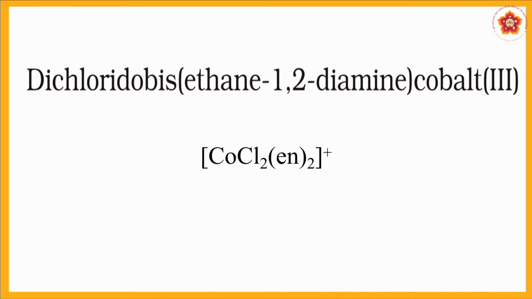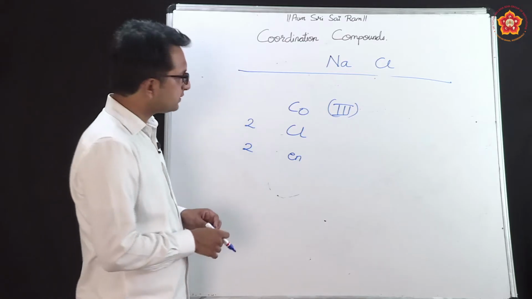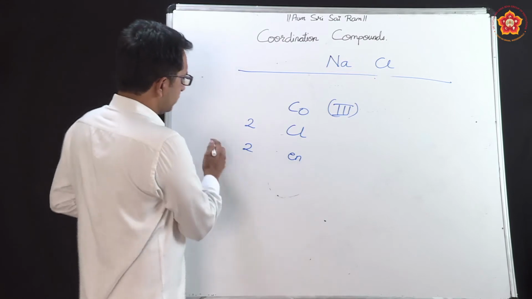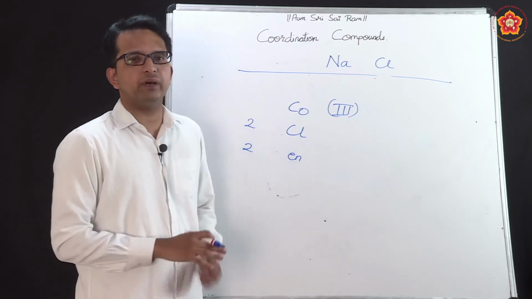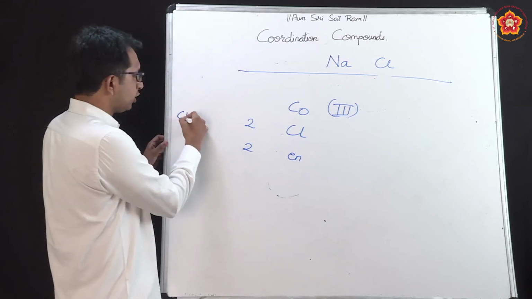They are told that cobalt is in plus 3 oxidation state. They are told dichlorido, which means 2 chlorine atoms are available here. They are also told bis(ethane-1,2-diamine). Now, what does bis indicate? Bis is taken because in the name itself, ethane-1,2-diamine is already there. And what is ethane-1,2-diamine?